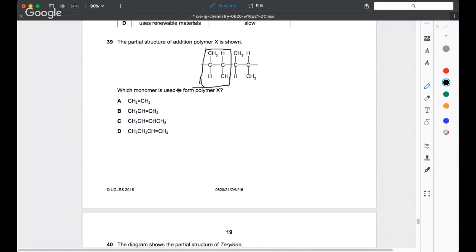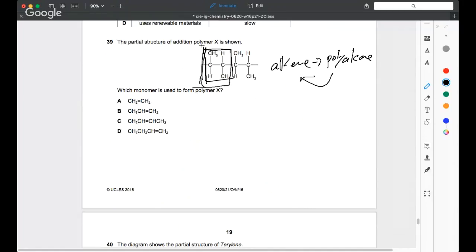Okay, number 39. We have a polymer. As you can see, this is a monomer unit. The polymerization process is alkene going into polyalkane. We need to go backwards to think about what the alkene monomer is for this.